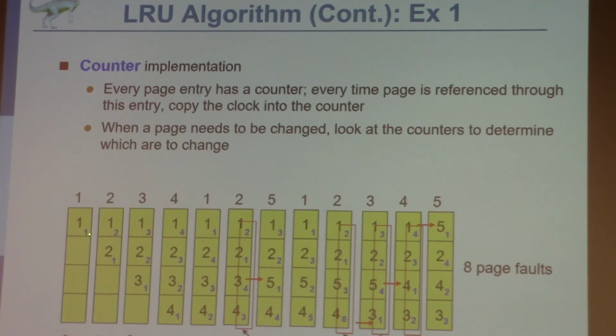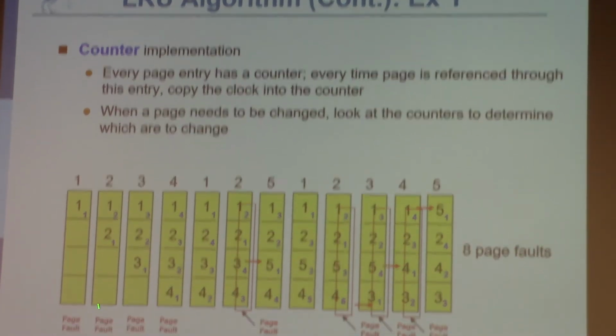For example, here 1, this one increases by 1, and this time increases by 1, and a new one starts at 1, and so on. So 4, 3, 2, 1, and this one is accessed by reference, so it is reset like a new one. Then 1, increase by 1, increase by 1. So this is along the time.